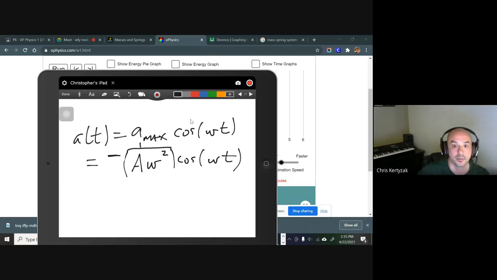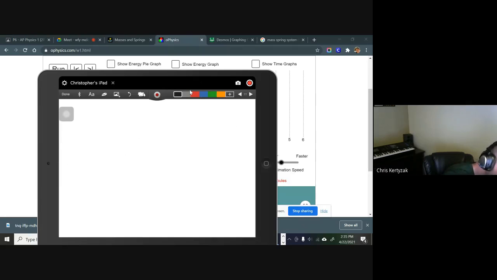It's also worth pointing out that if I could draw one other thing here, if we looked at a velocity versus time graph, and just say it looked like this. Actually, it's not really right.